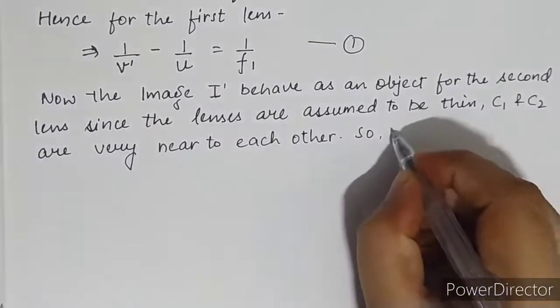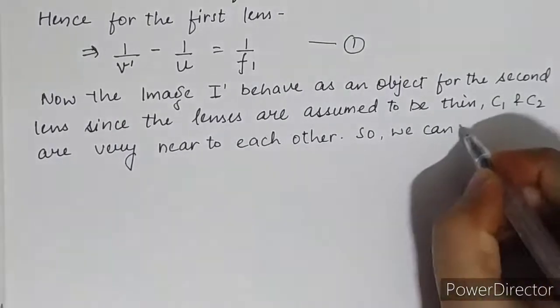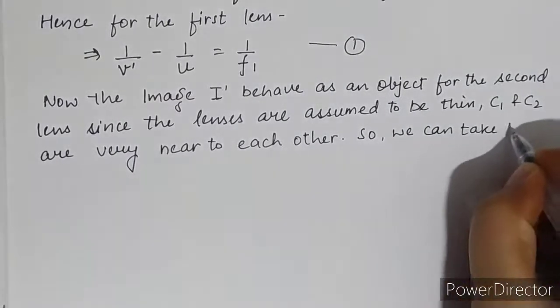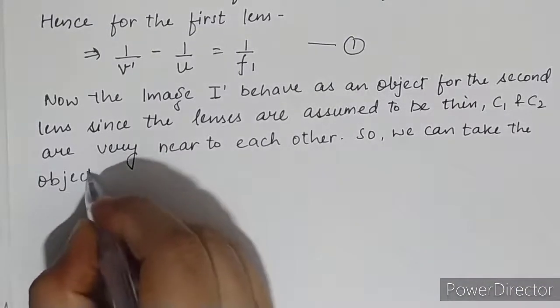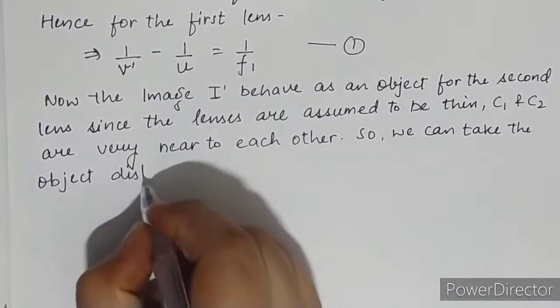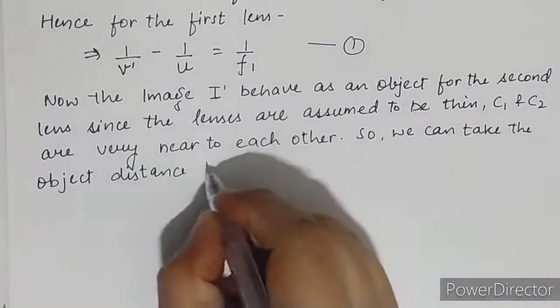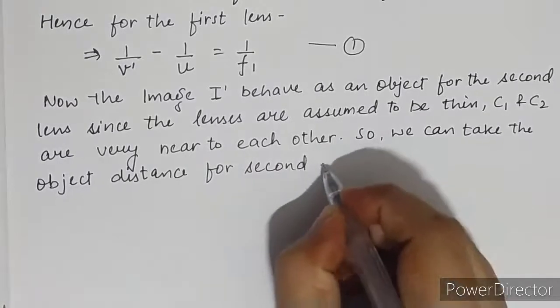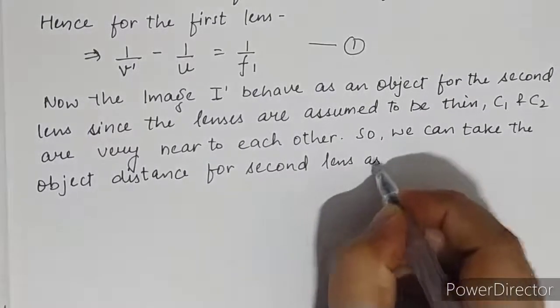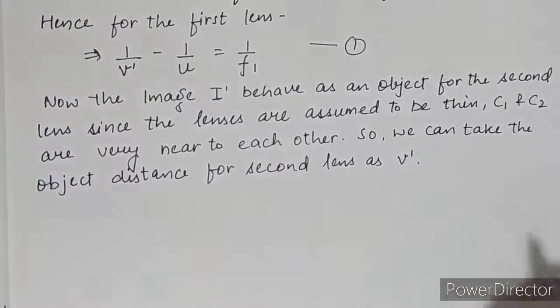So, we can take the object distance for the second lens as V dash.